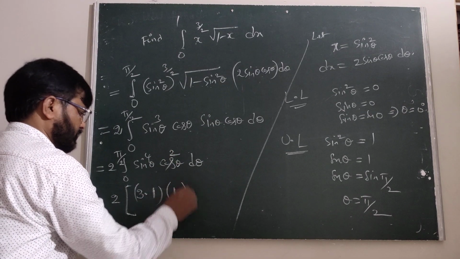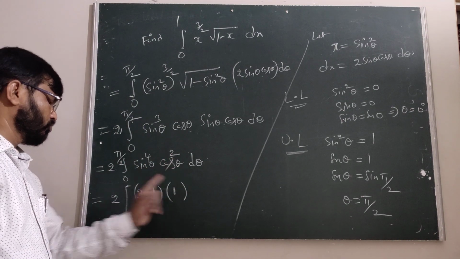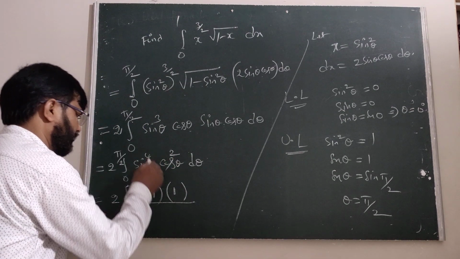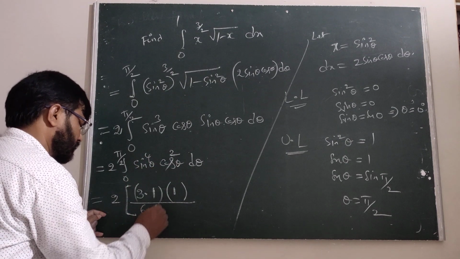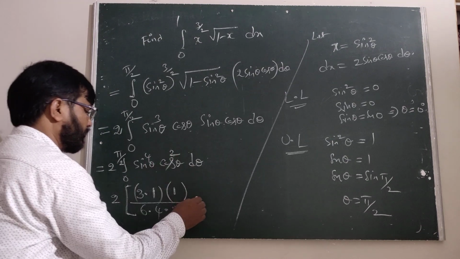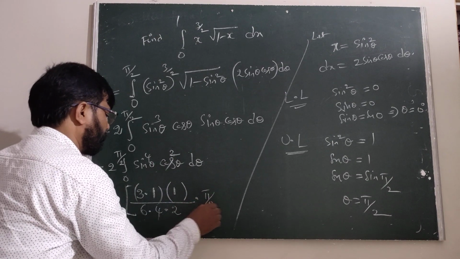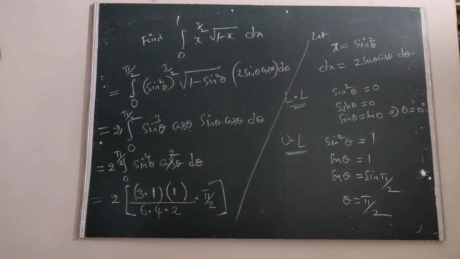In the first attempt we have to get 1. After that we write 4 plus 2, 4 plus 2 is 6, 6 minus 2 is 4, 4 minus 2 is 2. Both are even, so we take only the pi by 2.